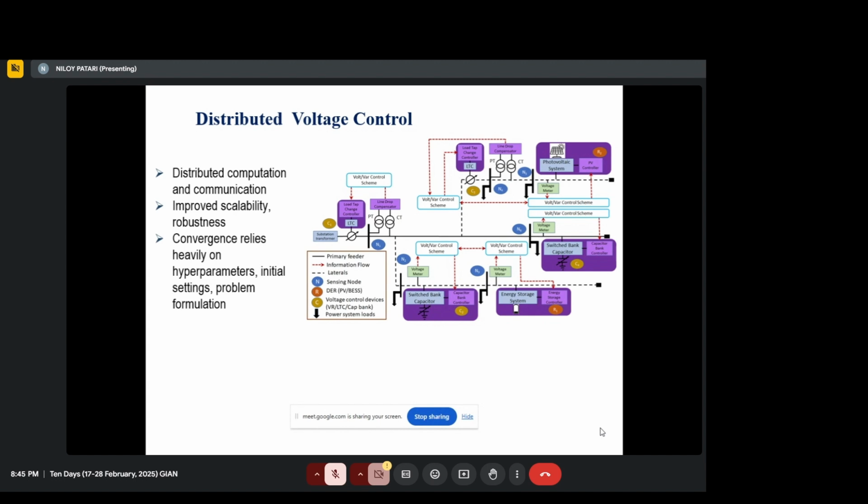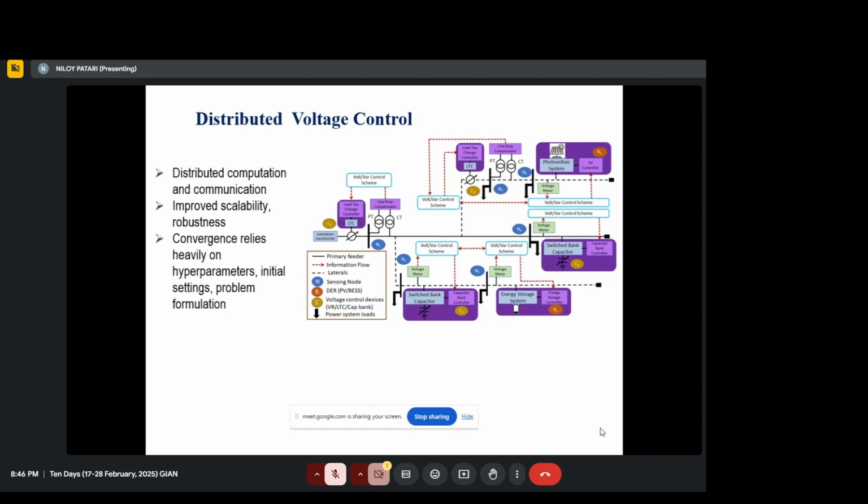You can think of it this way: the centralized optimization problem has been divided into various sub problems, and each sub problem is given to an agent. That's why scalability is improved. If you increase the number of nodes, the computation time taken by the distributed control architecture won't go exponentially high, which can happen in centralized schemes.